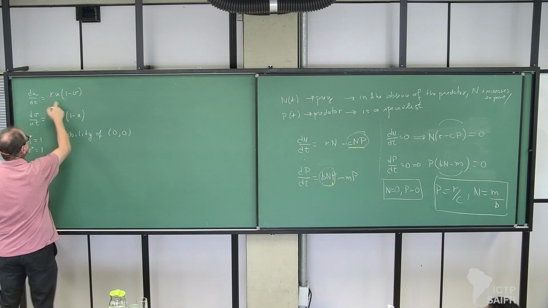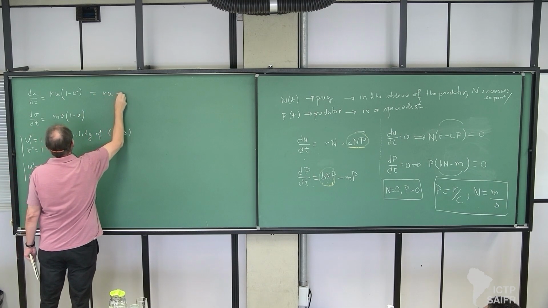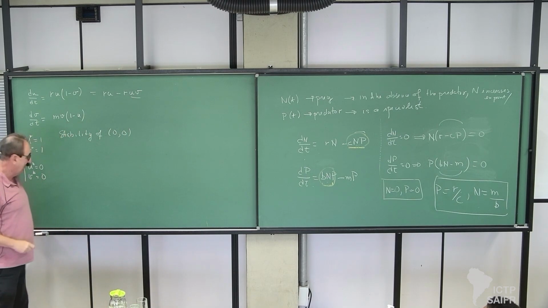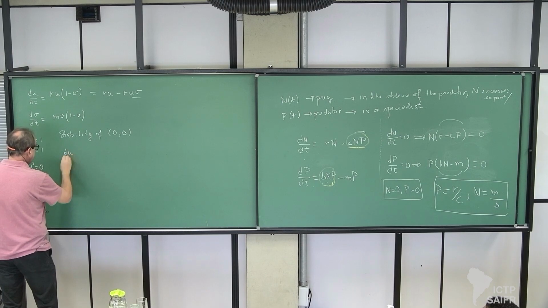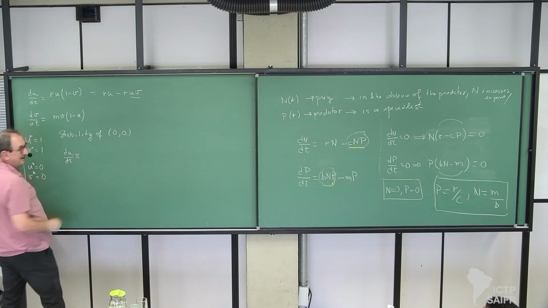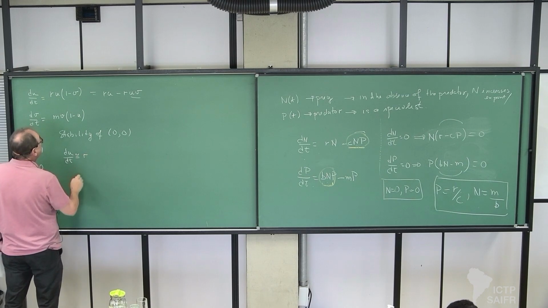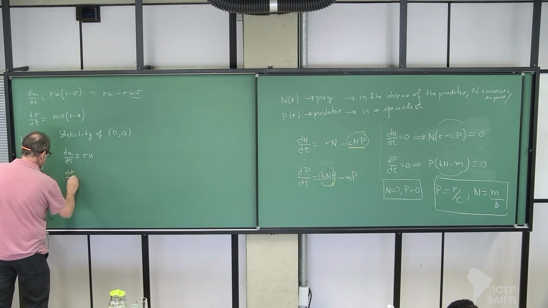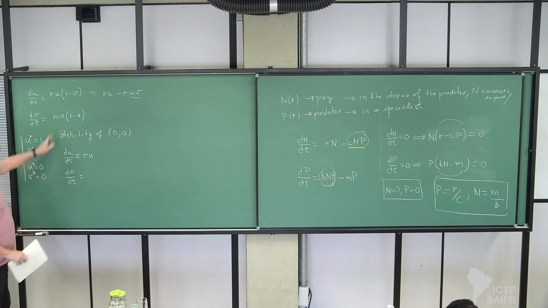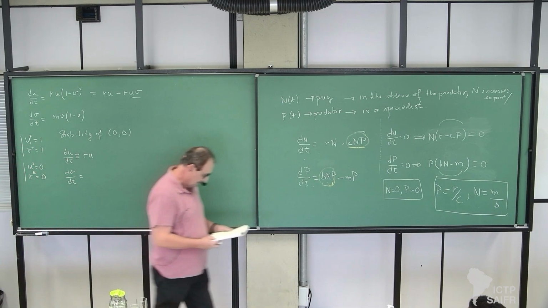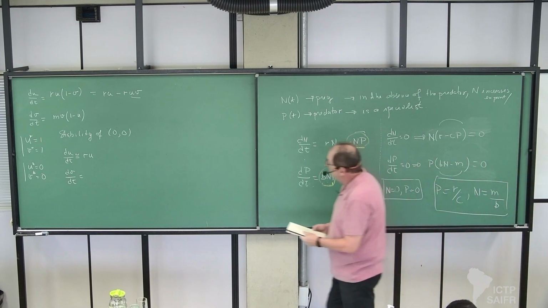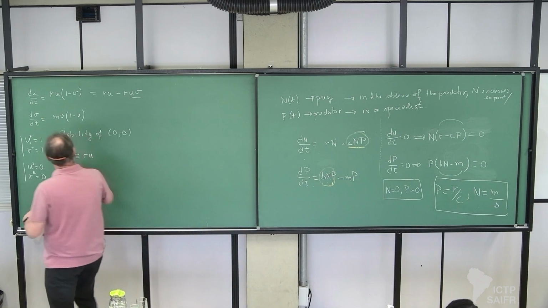So this term, if you write, you have Ru minus Ru times v. This term is much smaller than this term. Therefore, I can write that du/dt is approximately equal to Ru. And the same thing here, dv/dt would be what? The nonlinear term can be omitted. So I made a mistake here, sorry.